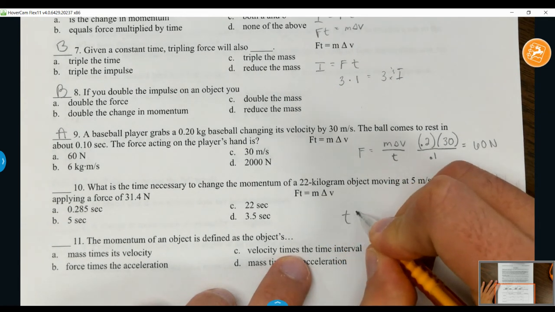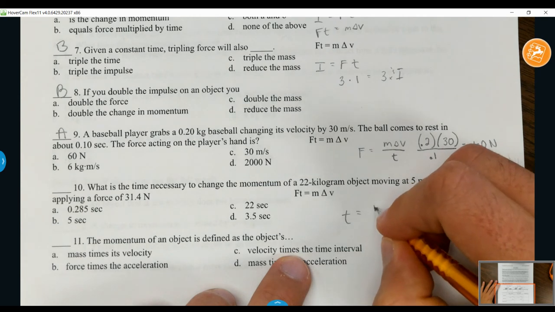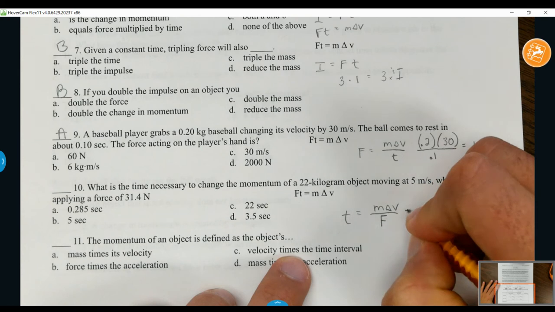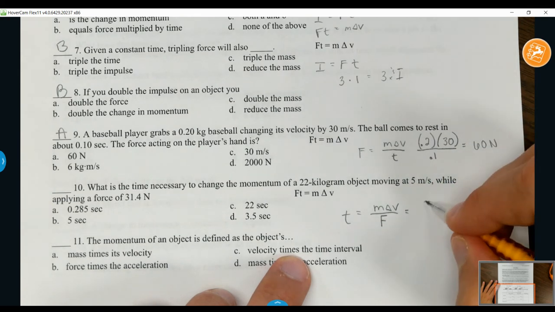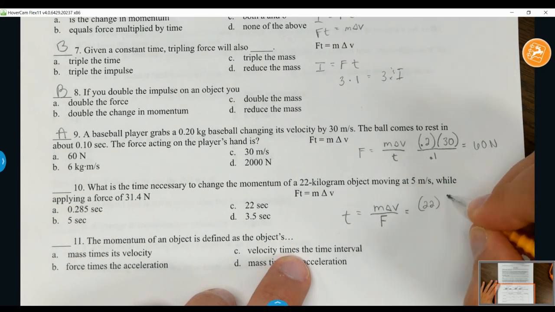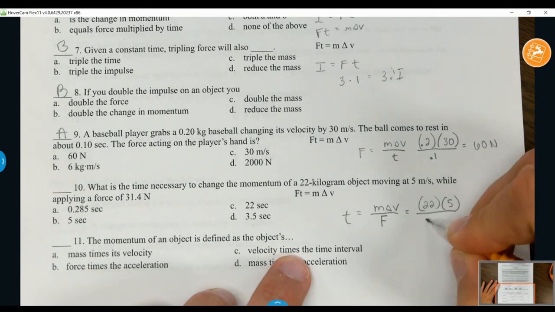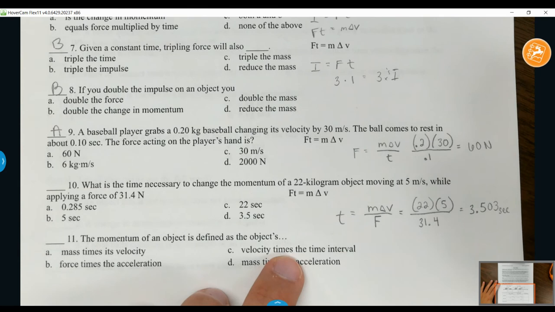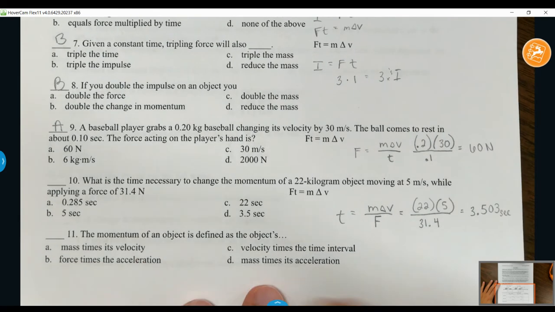To get T by itself, you would have to divide both sides by F. So you have 22 times 5. You're going to divide that by 31.4. 3.503 seconds. So we're looking at letter D.